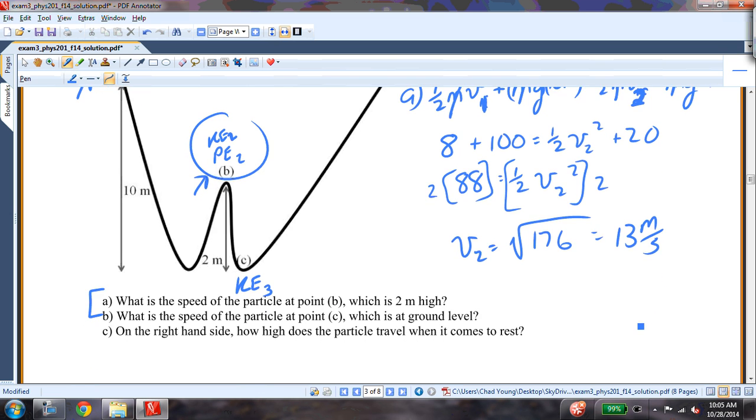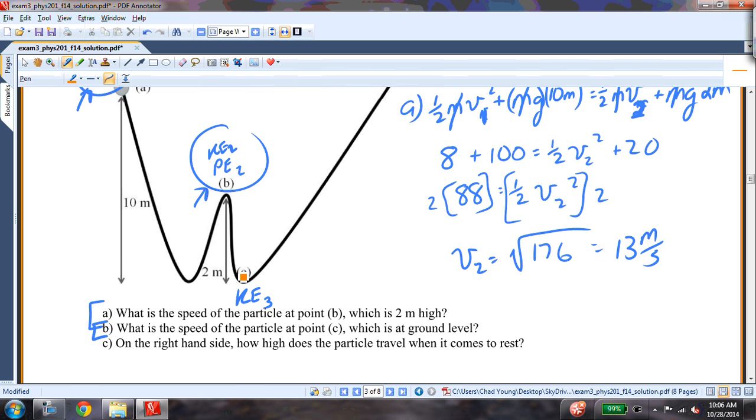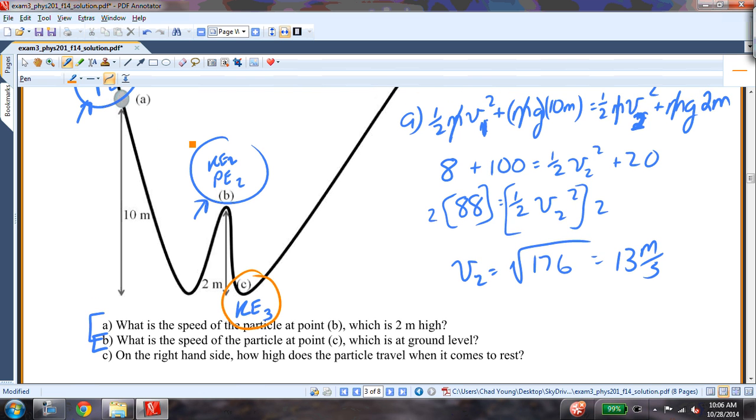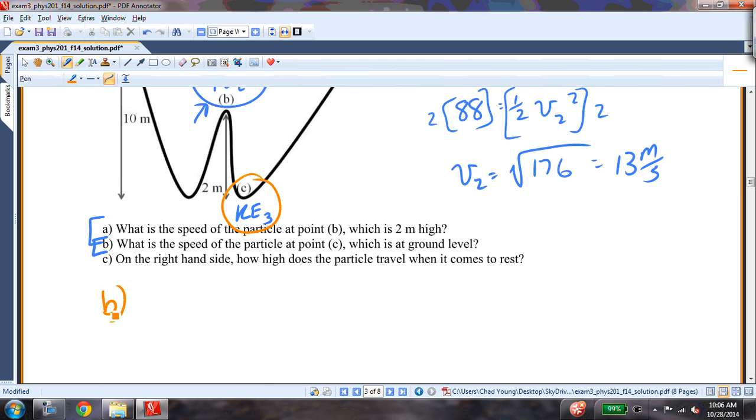Okay, and then for part B, I'm going to say I want to know the speed at this point. I'm going to set it equal to the energy over here. So for part B, I say mg times 10 meters plus 1/2 mv1 squared is equal to, over here the height is 0, so I just have kinetic energy, 1/2 mv3 squared.